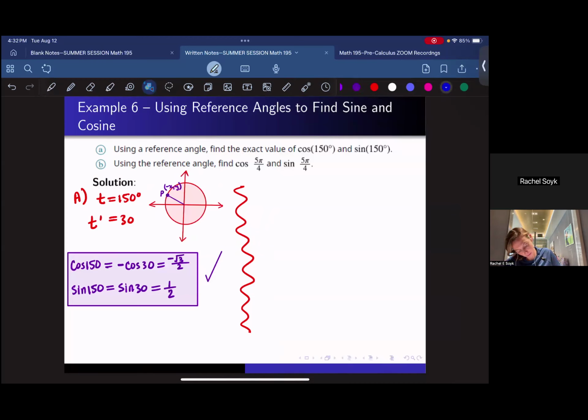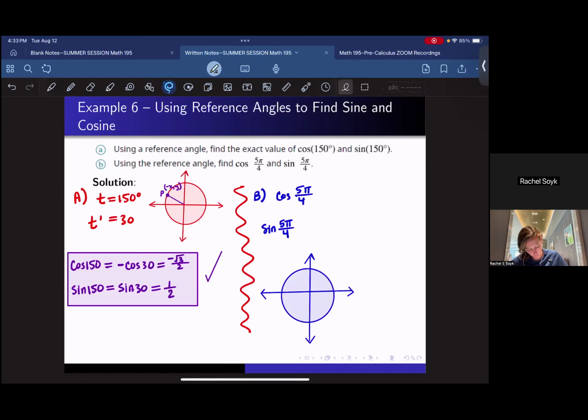Now let's answer part B, where we want to find what is cosine of 5 pi over 4 and sine of 5 pi over 4. So let's find our reference angle. Five pi over 4 is a quarter more than pi.